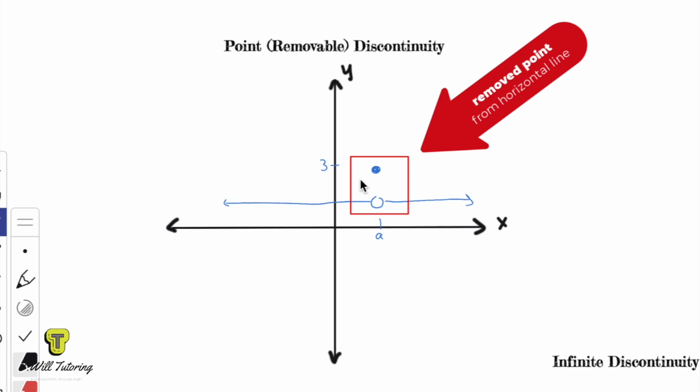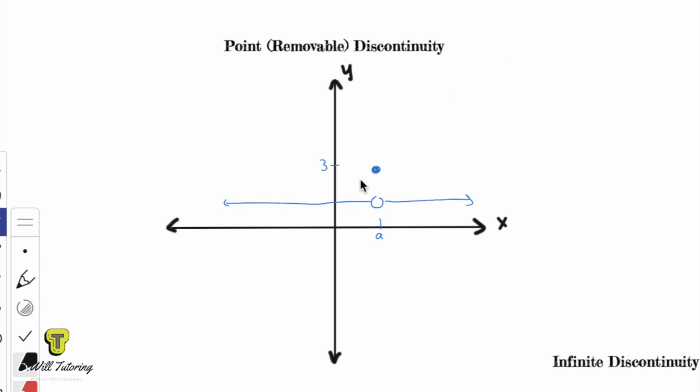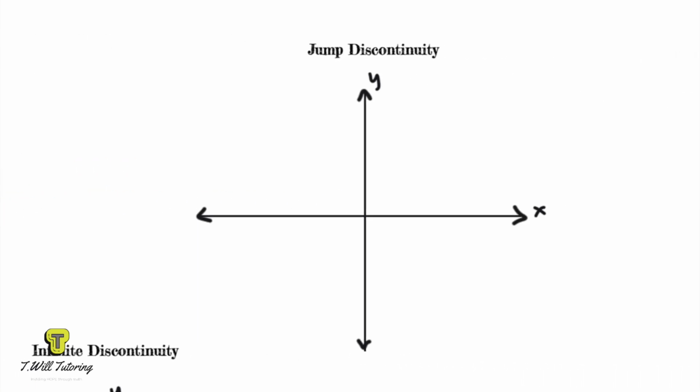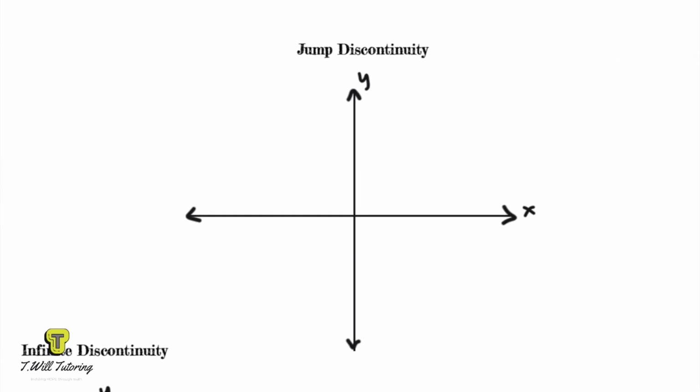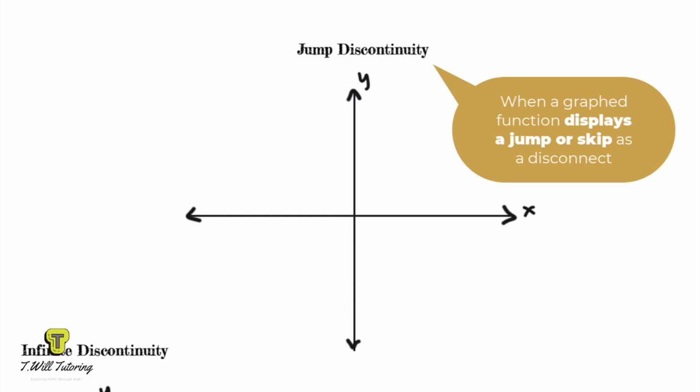The next discontinuity I want to talk about is jump discontinuity. When we talk about jump discontinuity, that means that we're skipping or jumping in order to continue to draw our graph. I like to think of piecewise functions in this scenario.